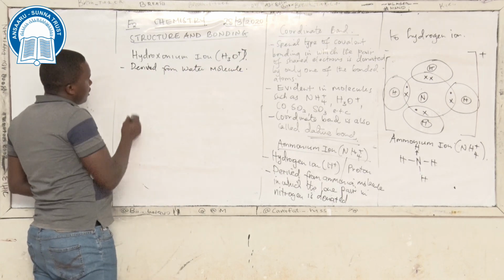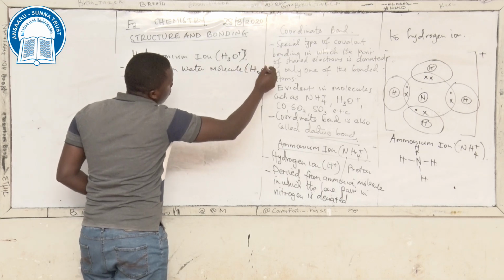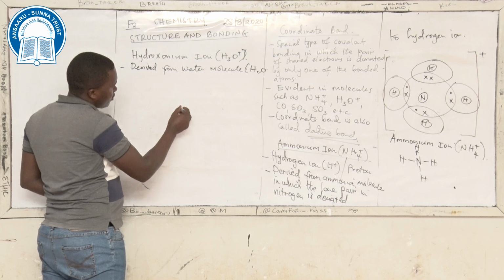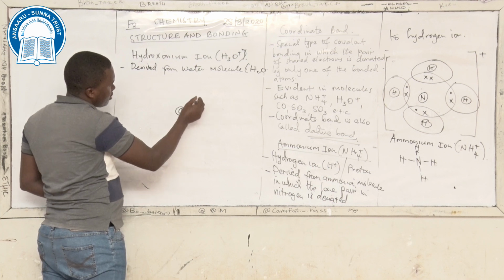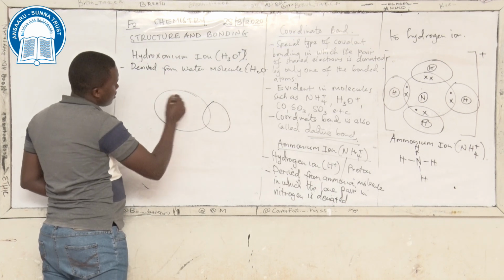So in a water molecule, we know that it is H2O. And therefore, for a water molecule, you'll have oxygen being the center, and you have hydrogens on either side.